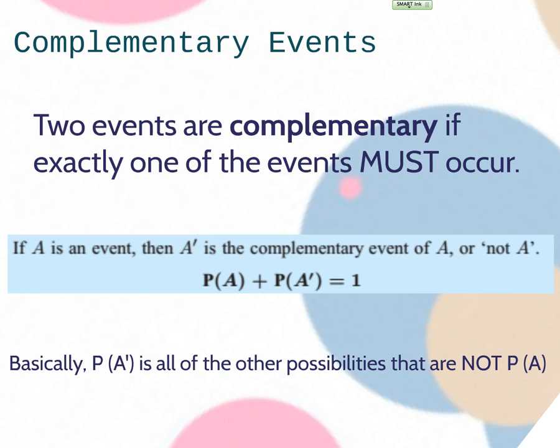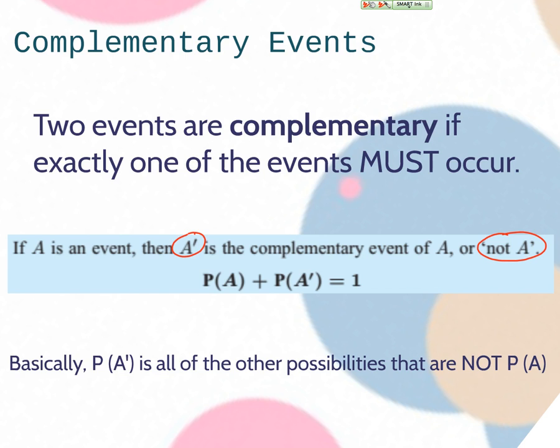So again, this is out of your textbook, but this A apostrophe is the notation for the complementary event. Another way to say it is not A. So what's the probability I roll an even number? Well, the complement would be, what's the probability I do not roll an even number?